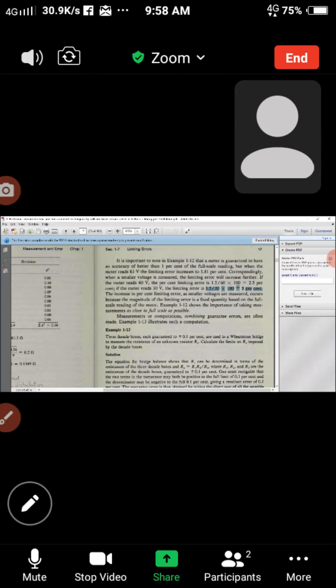For 60 volt accuracy reduces, the error becomes 2.5%, and the limiting error increases to 5% when we read 30 volt voltage. So this is what a limiting error is. Limiting error means 1.5 volt deviation from full scale deflection.